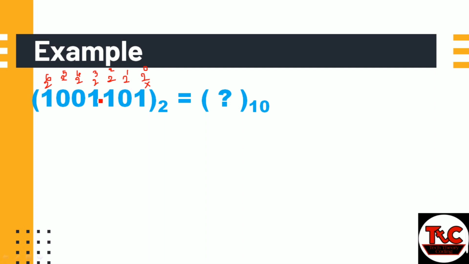Multiply 8 with 1. Here 0 is there, so no need to simplify this. So directly you can write 0. Here also you can directly write 0. Now 2 to the power 6 is 64. Multiply 64 with 1.